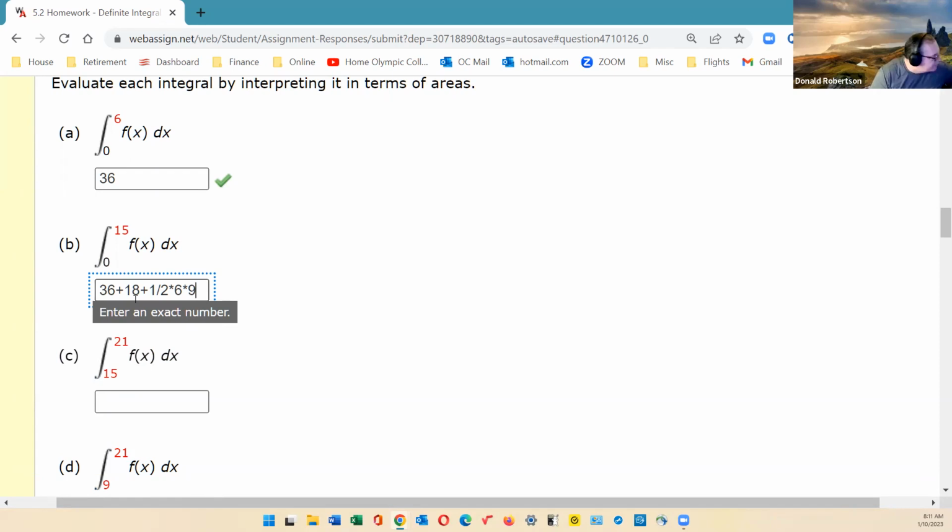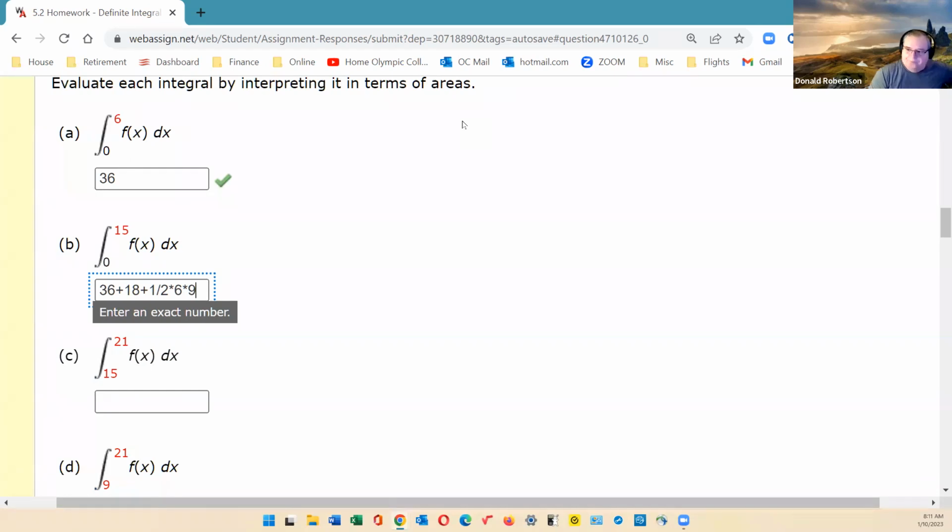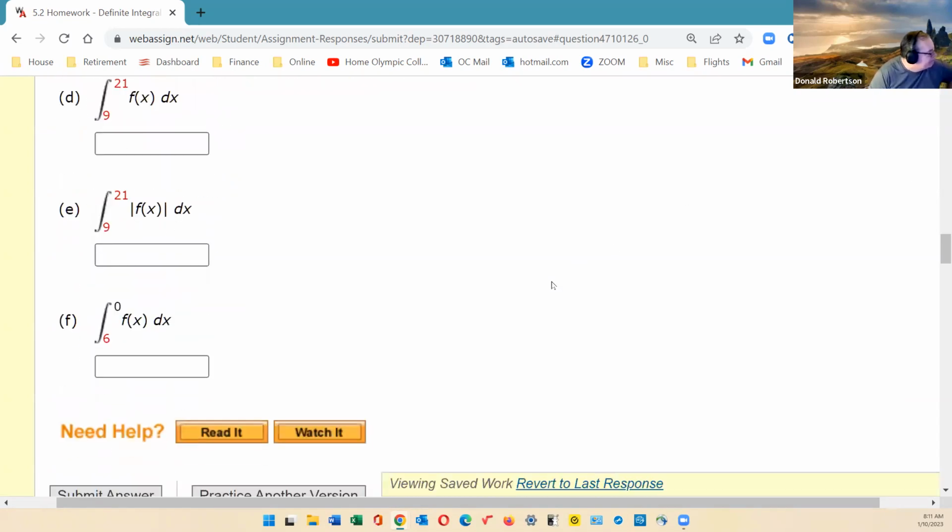So you would take all the different pieces, which is 36, 18, and I believe I said 27 for the third one. And you add those guys up and you get, I hope the answer is 81. I'm about to find out. If it's not, it's just because I can't count.